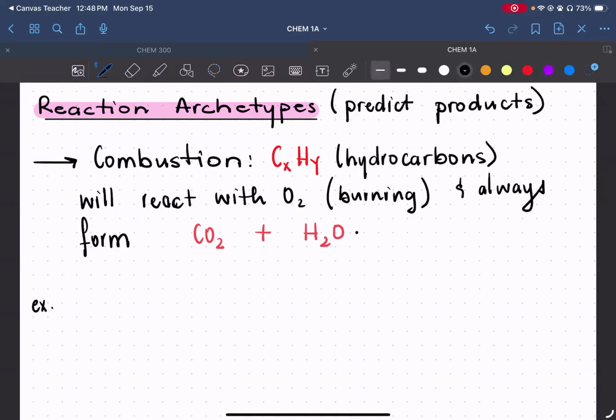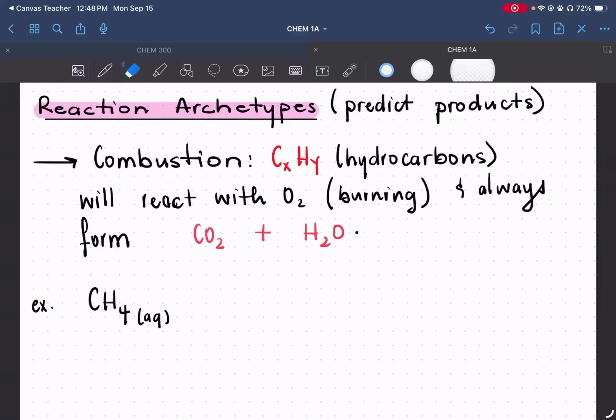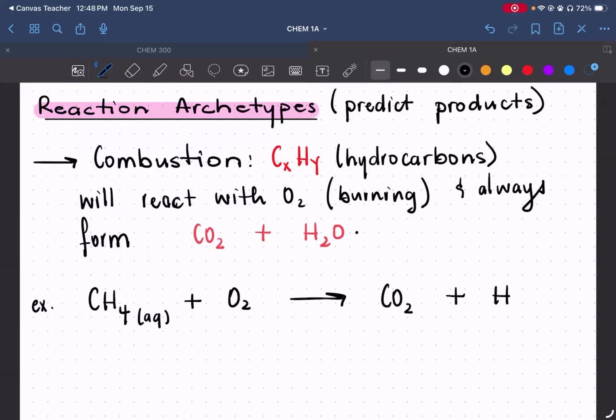Let's take an example of what this will look like. Take, for example, CH4, which is aqueous, will react with oxygen to give us carbon dioxide and water.